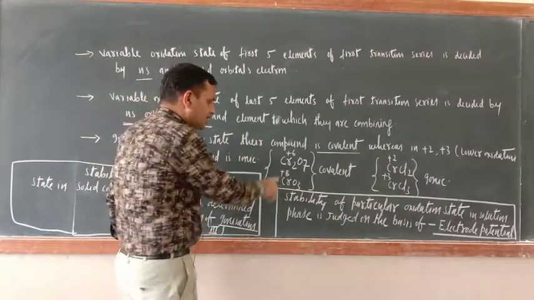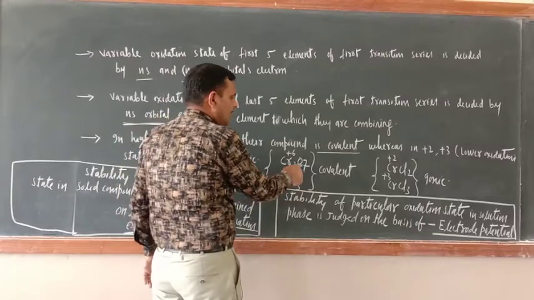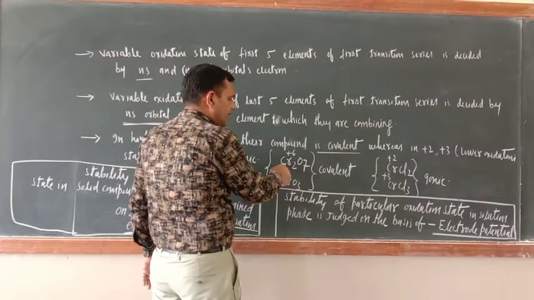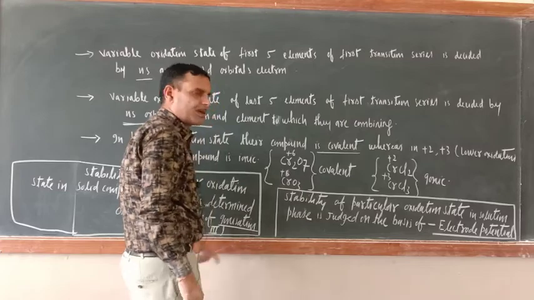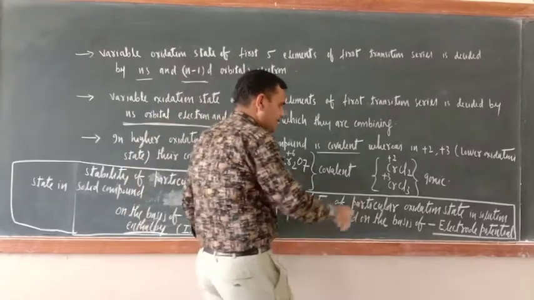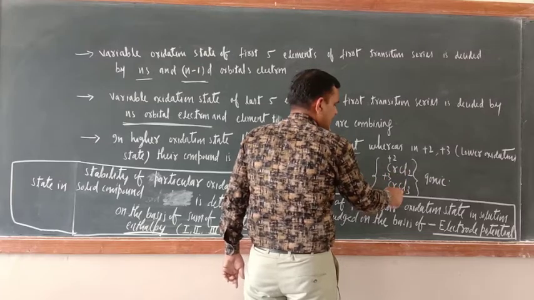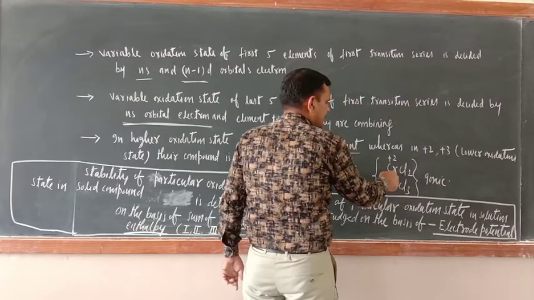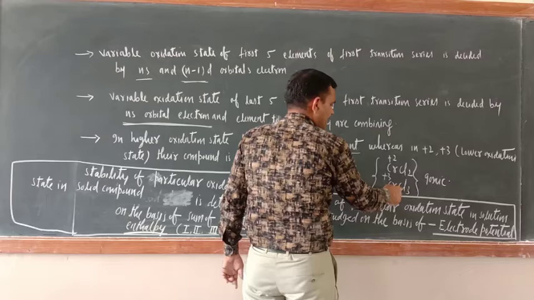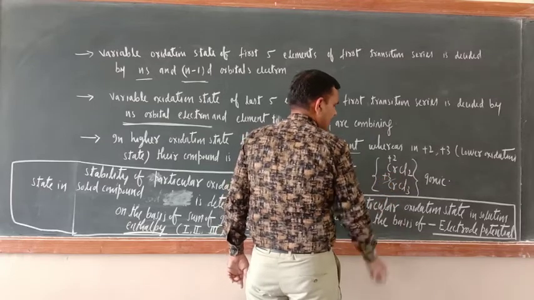Just see. These two are chromium compounds, Cr2O7 and CrO3. Here the oxidation state of chromium is plus 6. These two are also compounds of chromium, CrCl2 and CrCl3. In CrCl2, chromium is plus 2 and in CrCl3, chromium is plus 3.